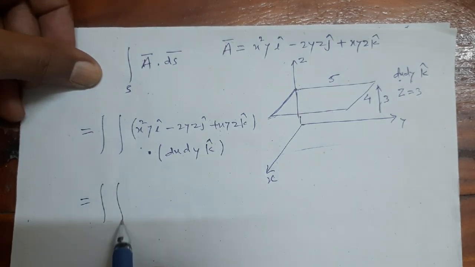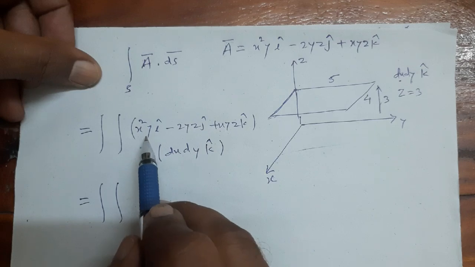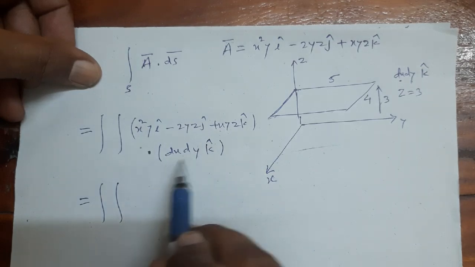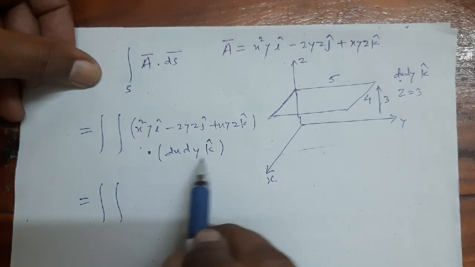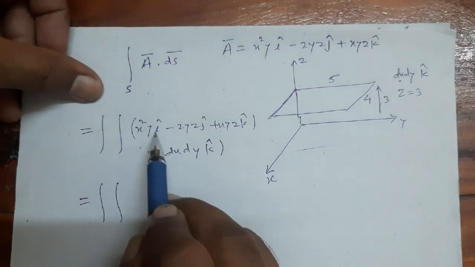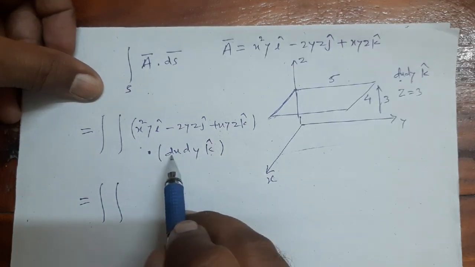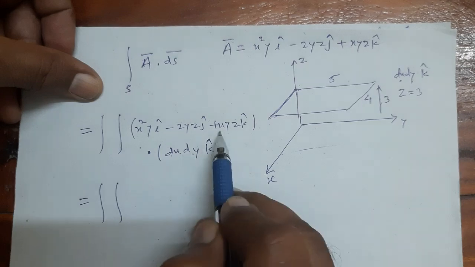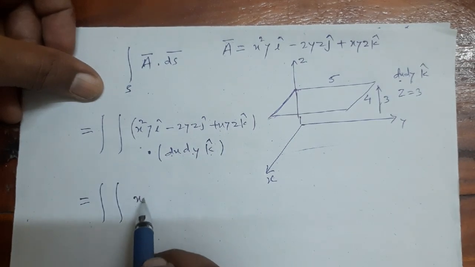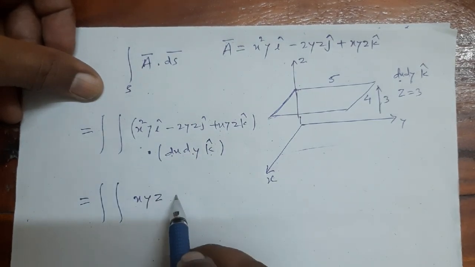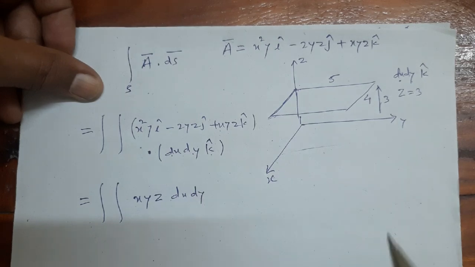The solution of dot product is as usual. There is no coefficient of i cap, that is 0. Coefficient of j cap is also 0. Therefore, these two terms will vanish. And as there is finite coefficient of k cap, that is dx dy, only this term will remain as it is. Therefore, it is xyz dx dy.